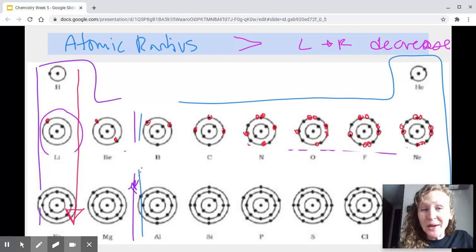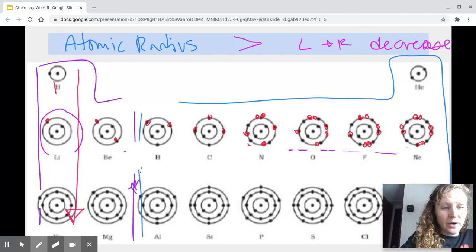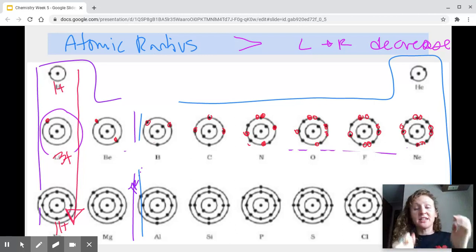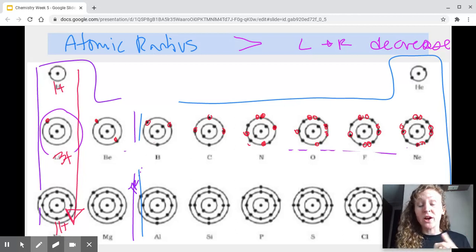So top to bottom is not quite as tricky as left to right. We do have protons increasing, right? Hydrogen has 1 proton, lithium has 3 protons, sodium has 11 protons, and that's going to cause more attraction, right? But if we think in terms of Coulomb's law, we think both in terms of a charge increase, which would be the increasing protons. We also need to think in terms of a distance increase.